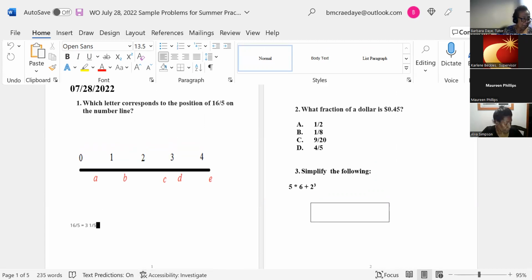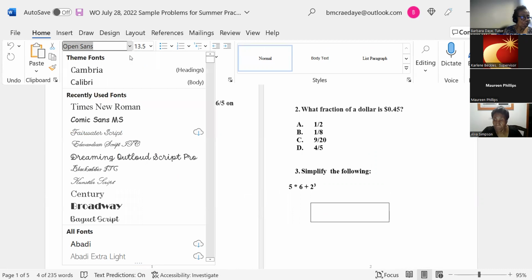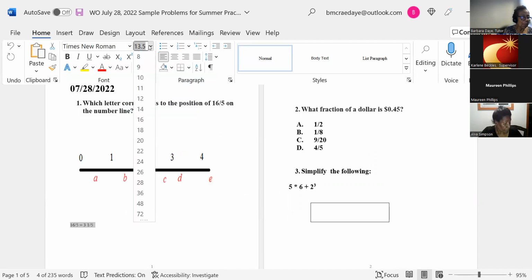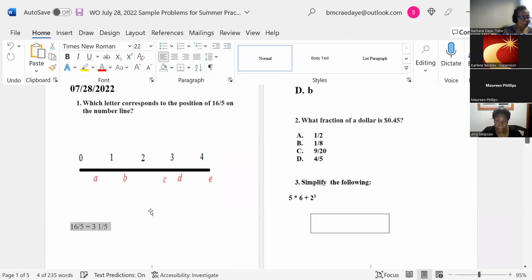I'll make this bigger. Okay, since you have 3 1/5, right? Yeah. Maureen, 3 1/5 would be between which 2 numbers on this number line?